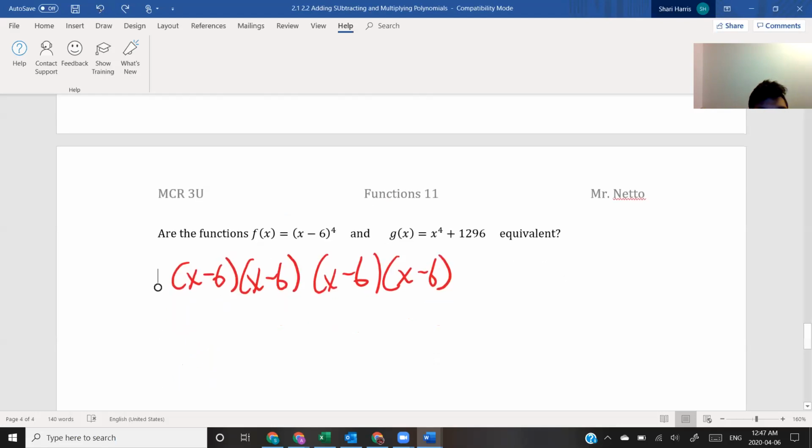All right, this is what it looks like when it's expanded.